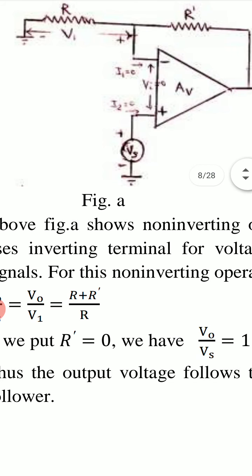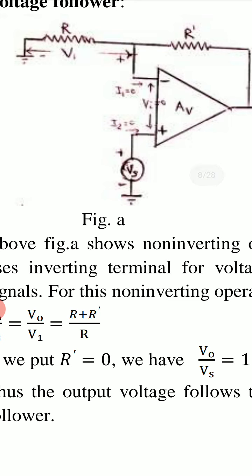So in this case input signal voltage Vs will be equal to the voltage V1 which appears at inverting terminal.